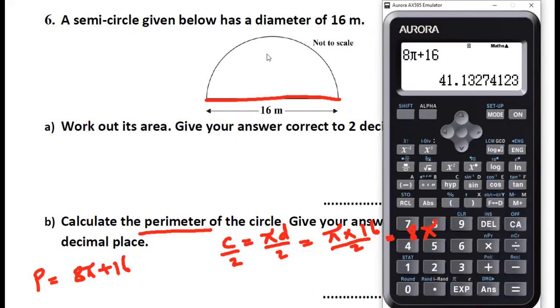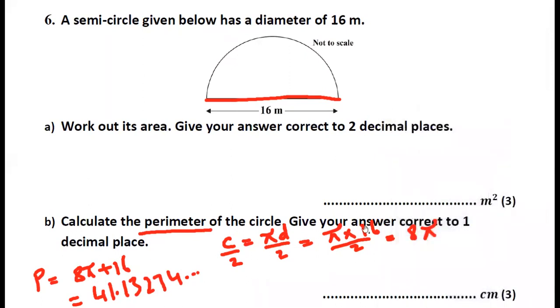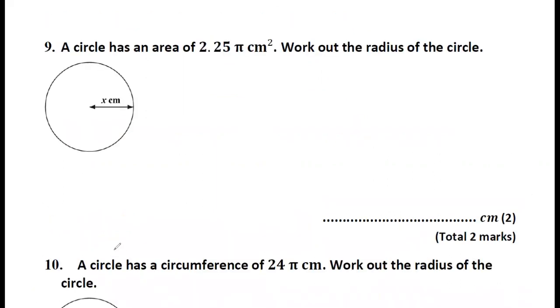We will get 41.13274... And if you round this number correct to 1 decimal place, we should get 41.1. It will not round up, it will just stay 41.1 centimeters.